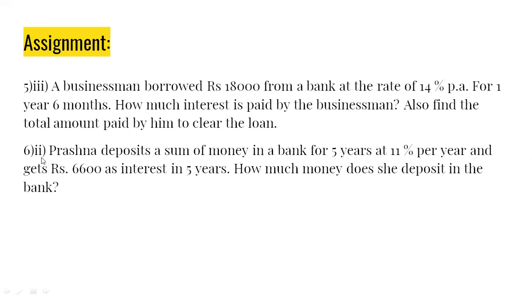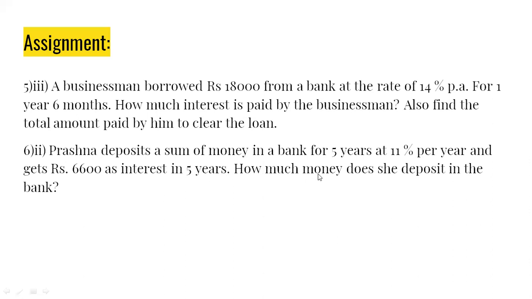And number 6: a person deposited a sum of money in a bank for 5 years at the rate of 11% per annum. He gets 6,600 as interest in 5 years.